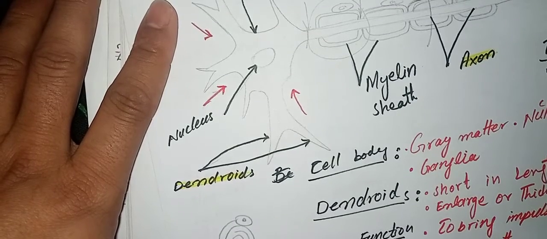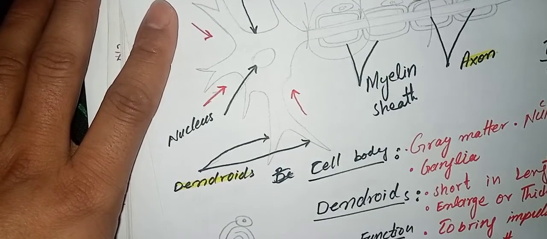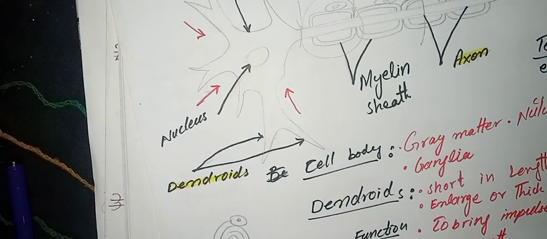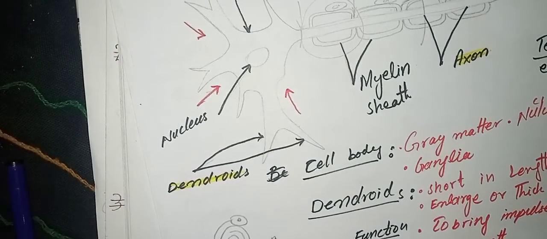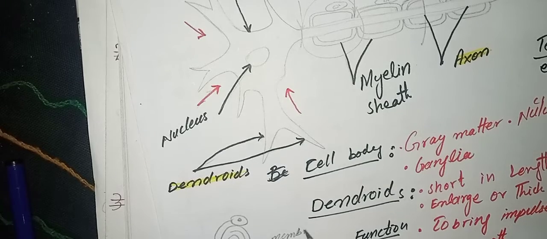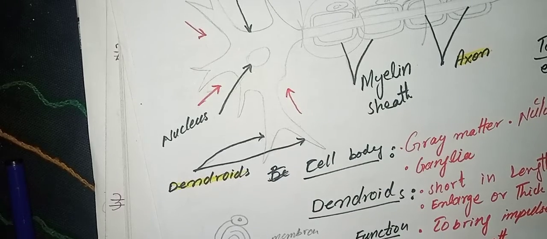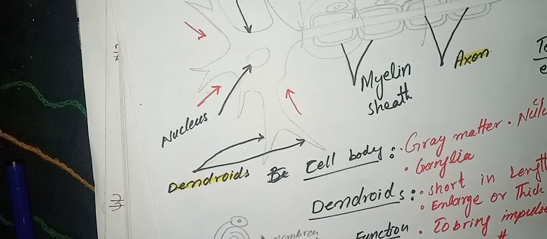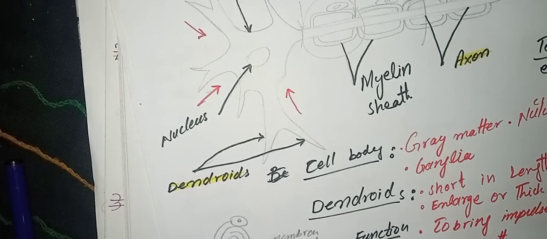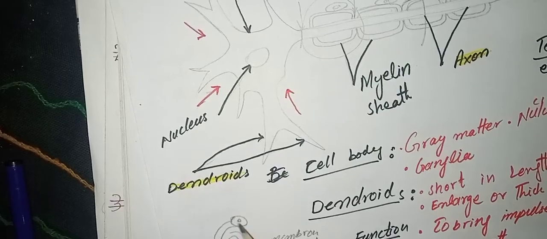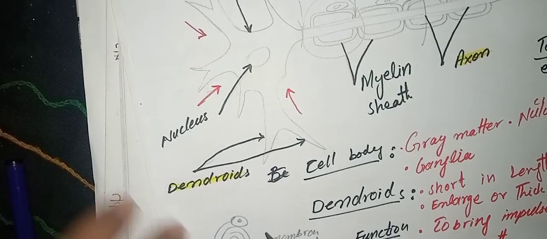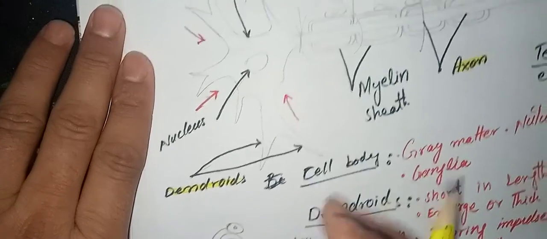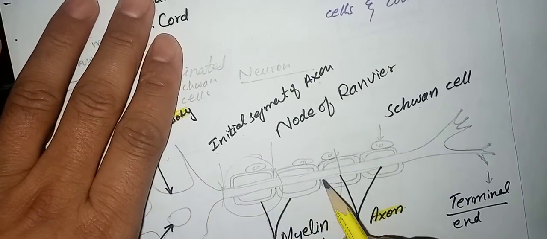So this is the axon, this is the membrane of the myelin sheath. The membrane of the myelin sheath is actually fat. This fat layer is formed by Schwann cells around the nucleus. So it is wrapped around and around again and again like this.